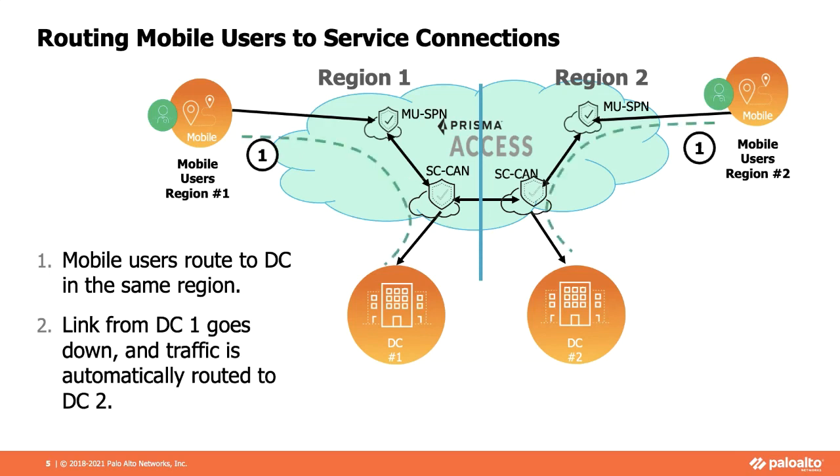And if there is some sort of failure, we can go to the next closest one. If you have the global licensing, it could even be in a separate region. And maybe we use BGP conversions or something like that to accomplish this.